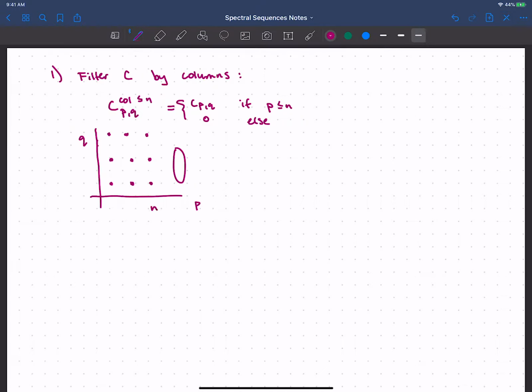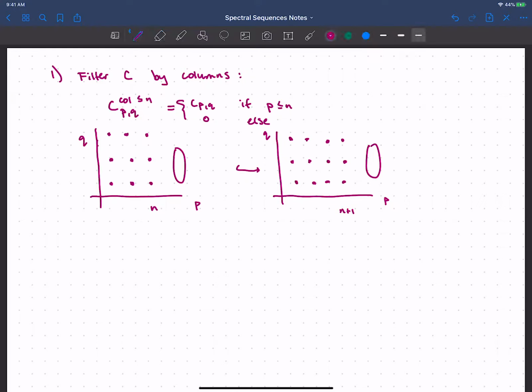So this should go up through degree n. And then this will, of course, fit inside the filtration in degree n plus 1. So maybe this looks like 3, and maybe this looks like 4, and then zeros everywhere past that. And so that'd be n plus 1.